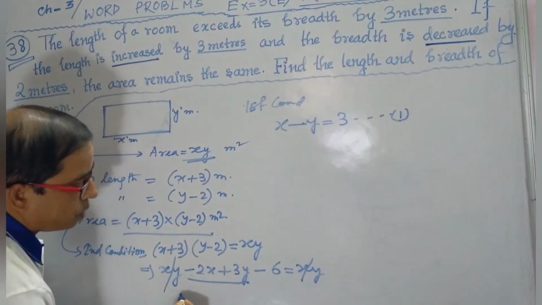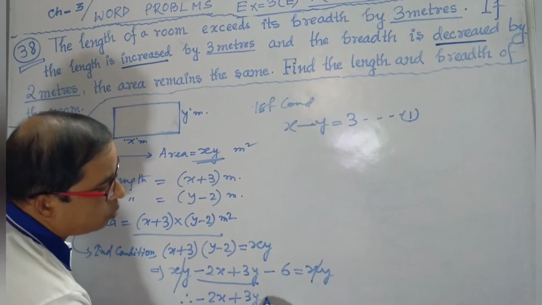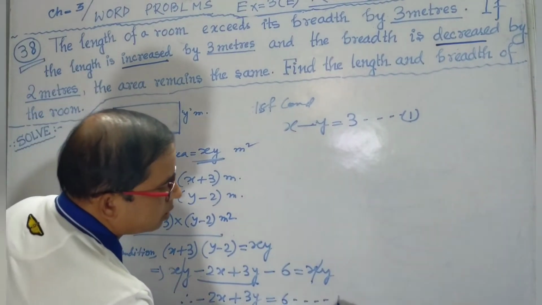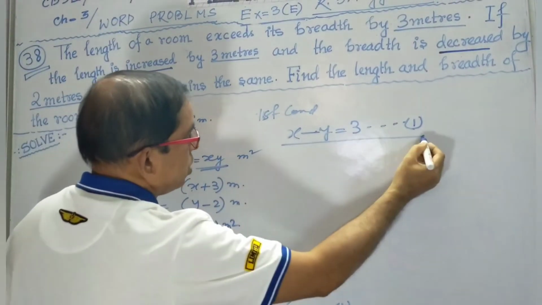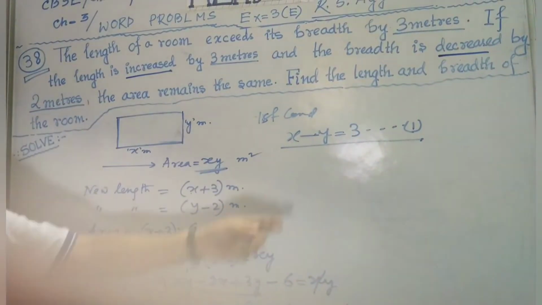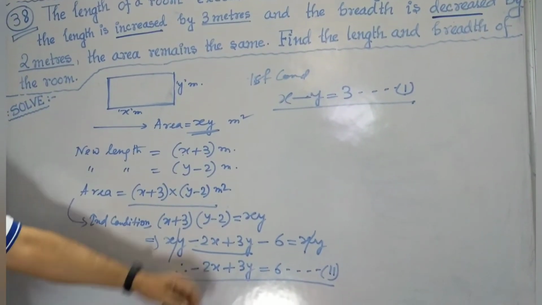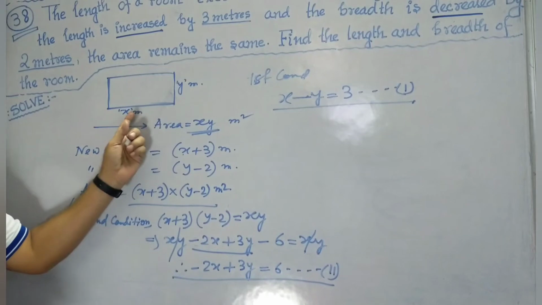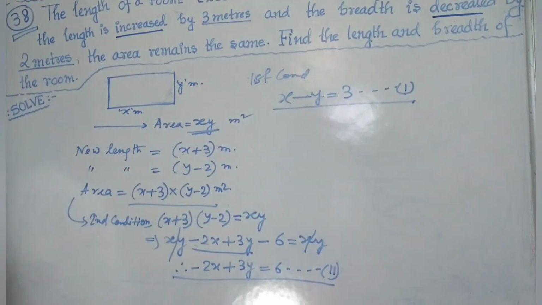What is the remaining portion here? Minus 2x plus 3y equal to 6. This is the equation 2 and this one is the equation 1. Now very easily you can solve for x and y, and the value of x is the length of the room and the value of y is the breadth of the room.